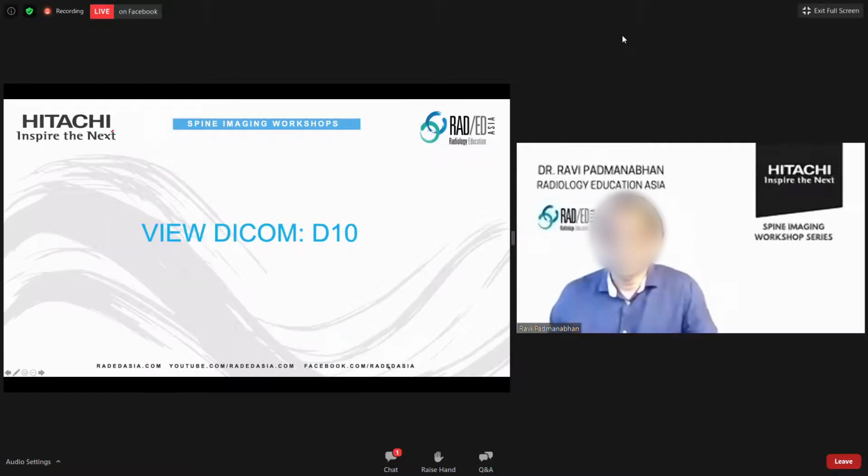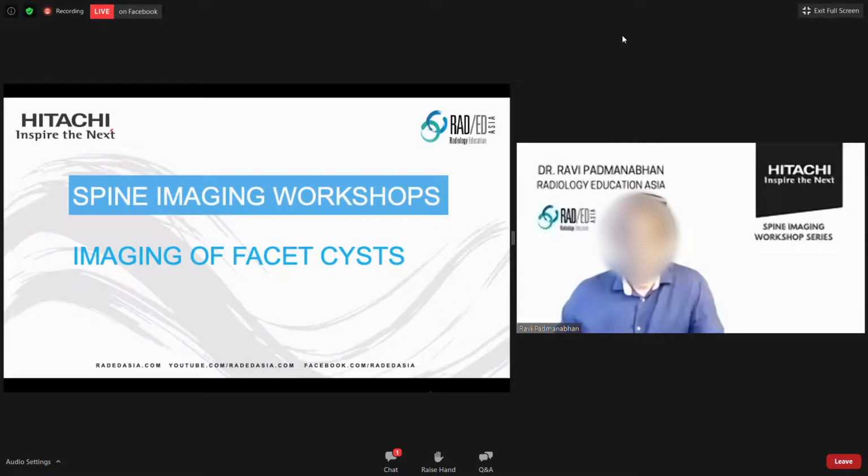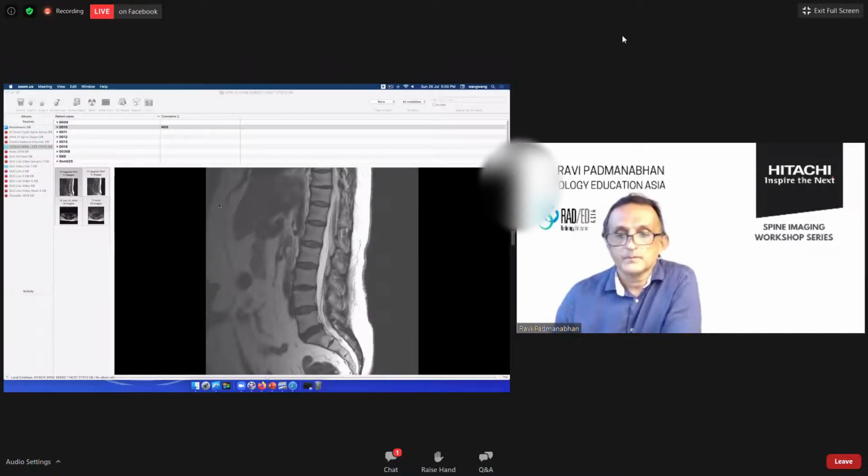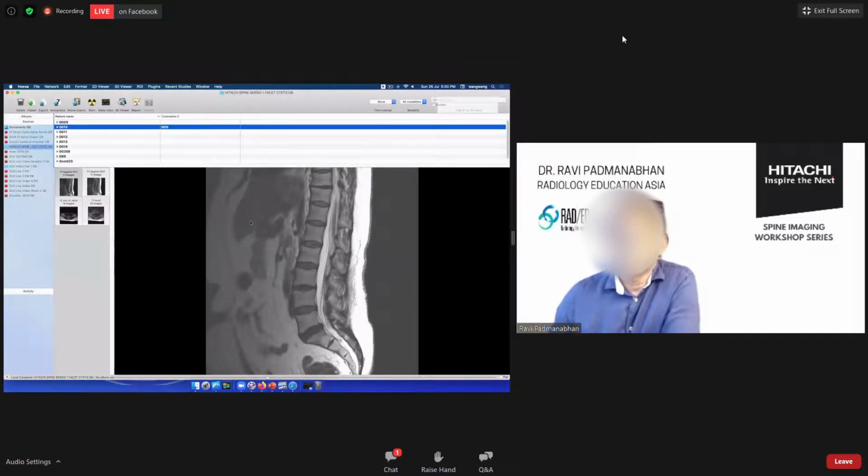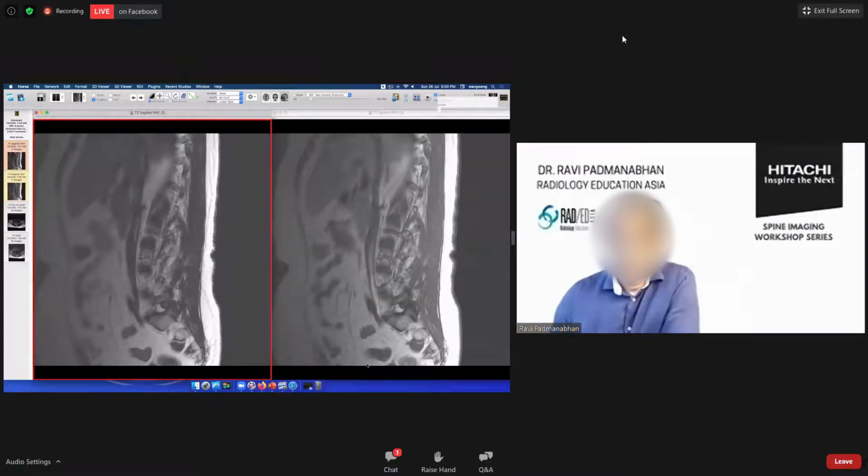Let's look at 10. Okay, so let's look at the sagittal scans again.